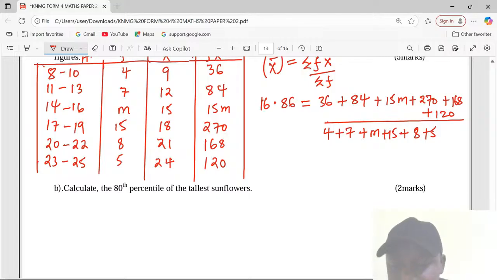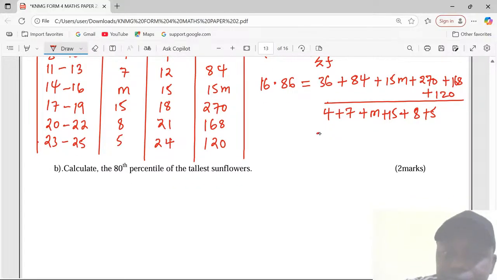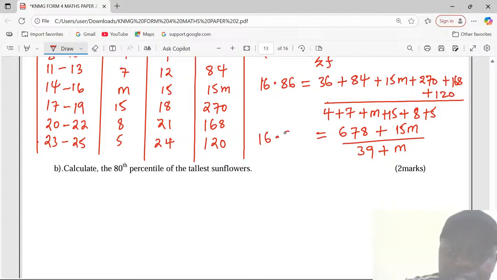So let's work out the additions. On the numerator, we have 36, 84, 270, 168 and 120. This is 678. So 678 plus 15m, over 39 plus m, equals 16.86.